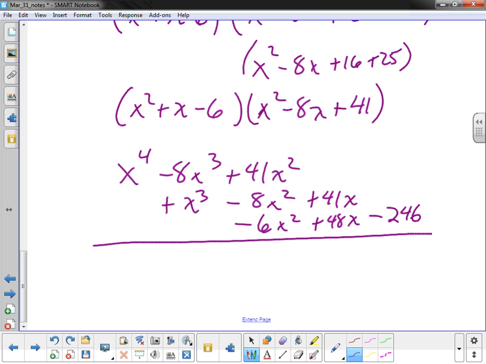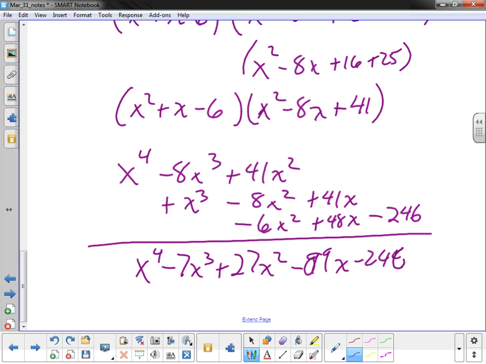So now if I clean all that up, I got an x to the 4th minus 7x cubed plus 27x squared minus an 89x minus a 246. So P of x would equal this.